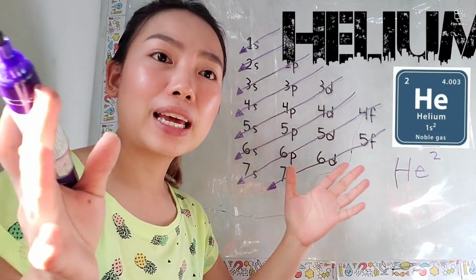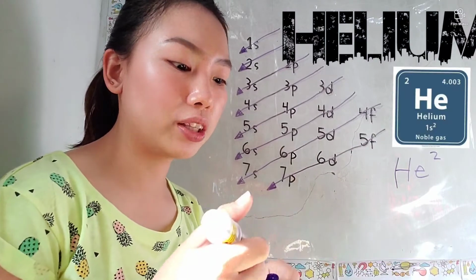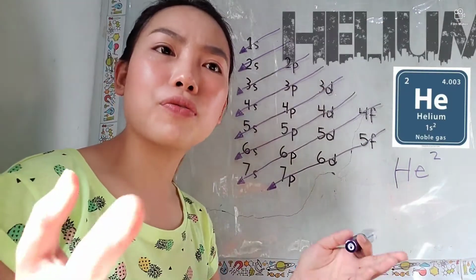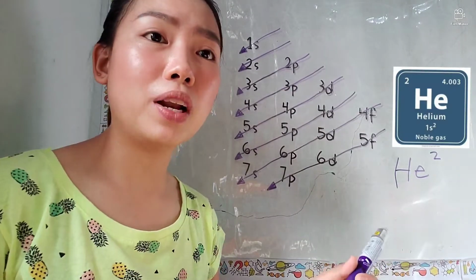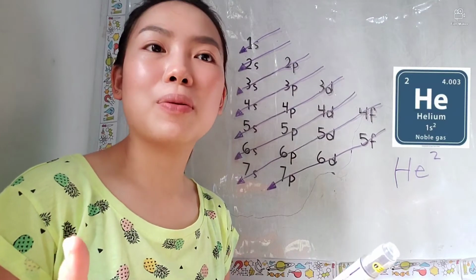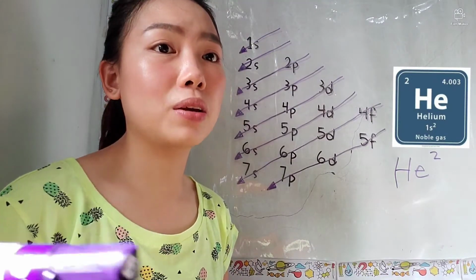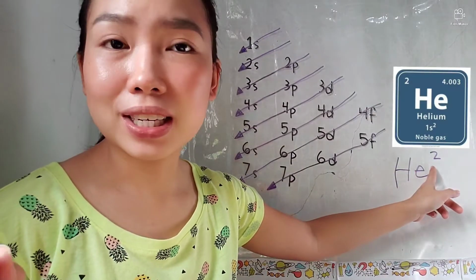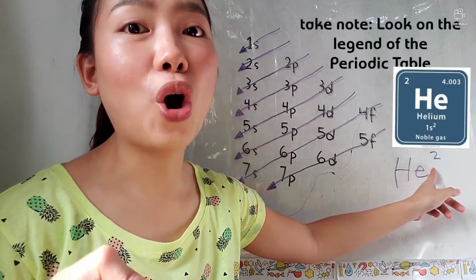but syempre it depends with the periodic table that you are holding, since there are a lot of versions of periodic table na mabibili on the bookstore, on other department stores, o kung saan man tayo nakakabili ng periodic table. Syempre may iba't iba siyang version. So, para malaman mo kung ano yung atomic number ng isang element, you have to take a look on the legend.